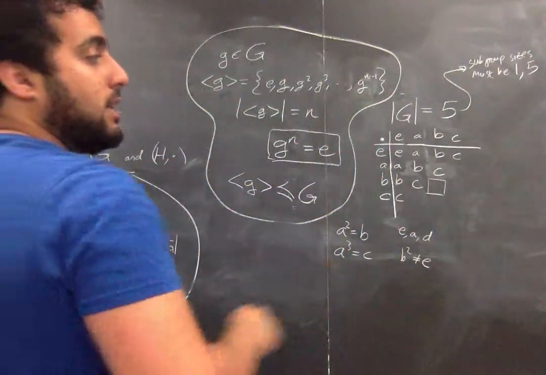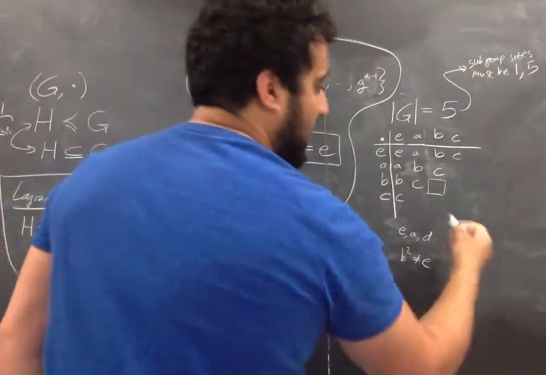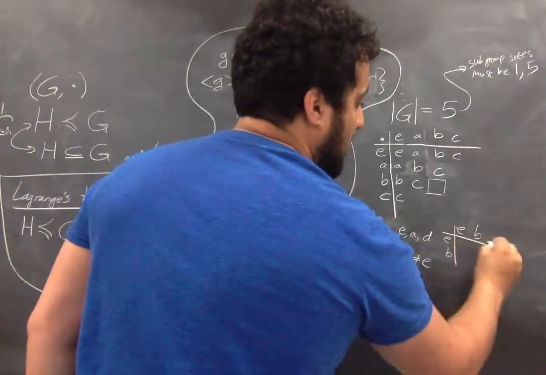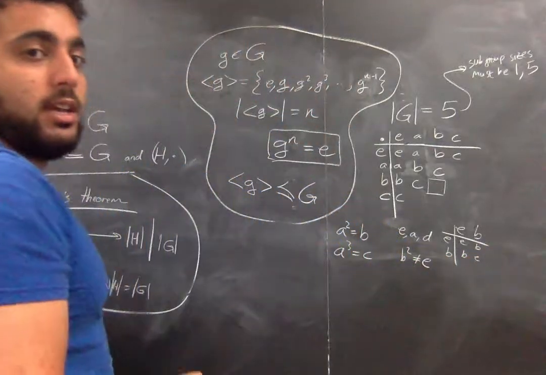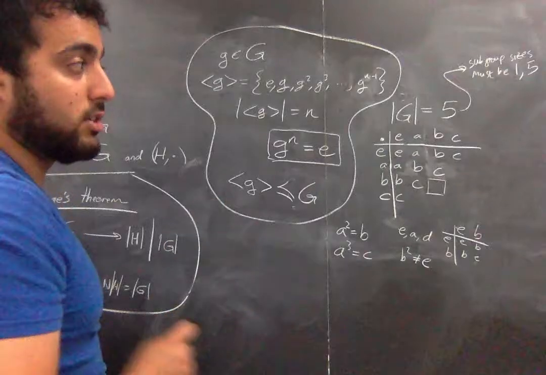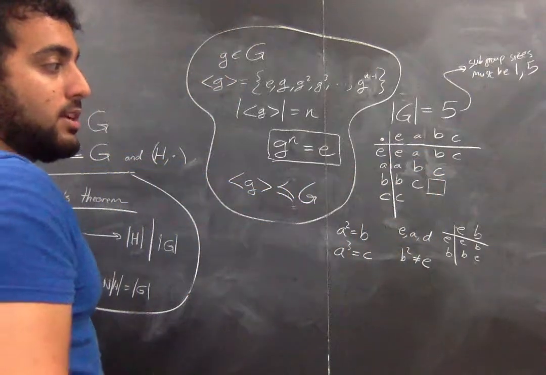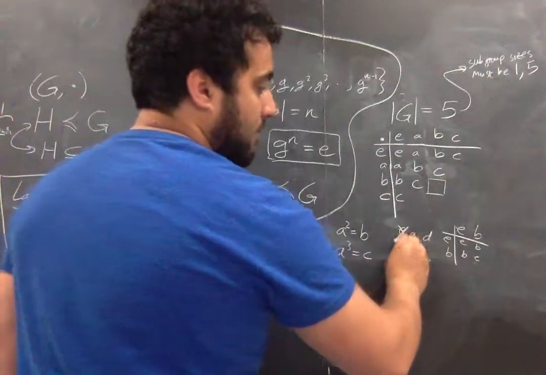Well, if B squared was E, then our Cayley table for just E and B would look like this, which would mean that we actually have a subgroup of size 2, just like the same line of reasoning that led us to conclude that A squared couldn't be E. So this guy can't be E because then we have a subgroup of size 2, so let's cross out that guy.